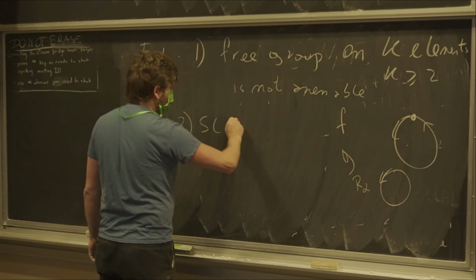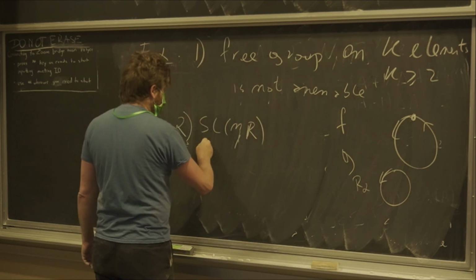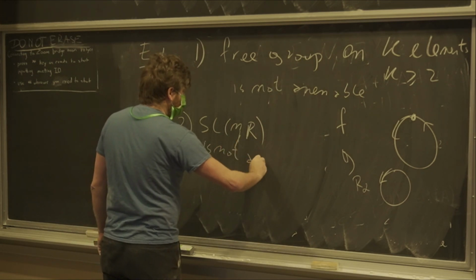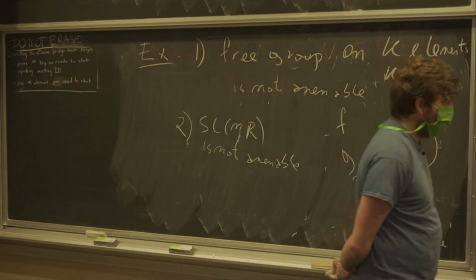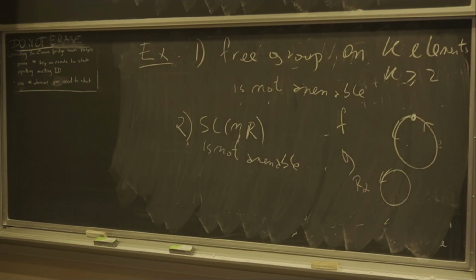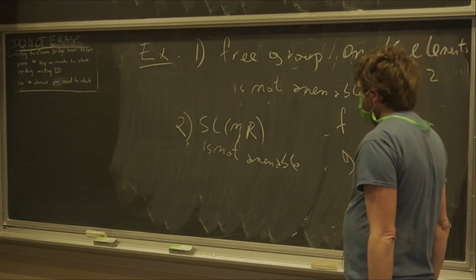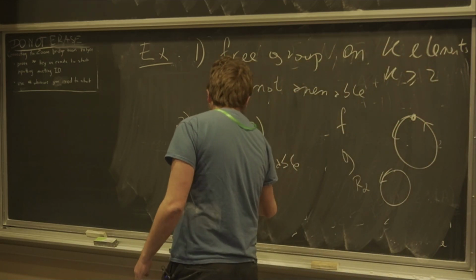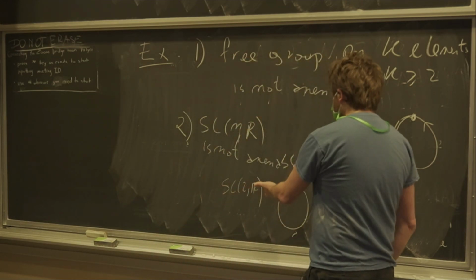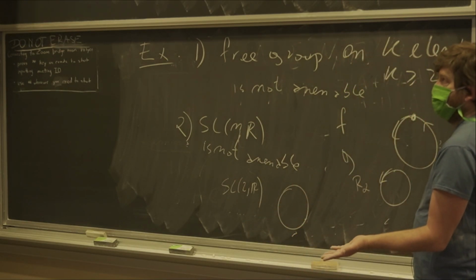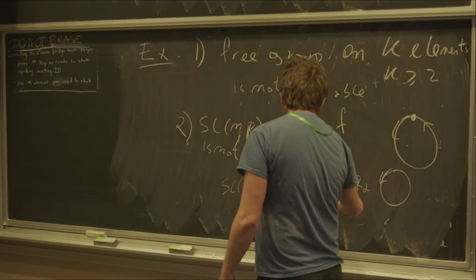More important for us, SL(N,R) is not amenable. And the reason why it's not amenable is pretty much the same as this. Let me do the SL2 because it's simpler to draw the picture. So we have the circle again. If it is amenable, there is an invariant measure. Now the circle is RP1.